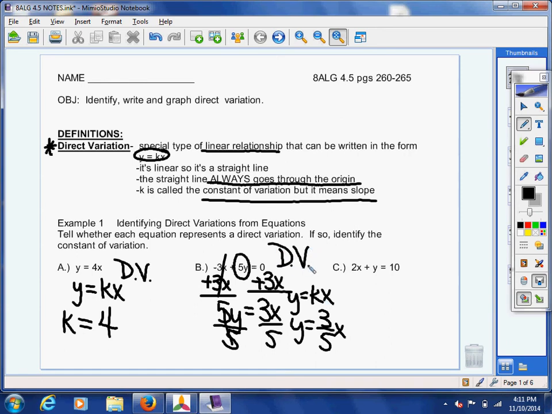You would be correct. It is a direct variation, even though it was originally in standard form. You could rearrange it so that you could see y equals kx very clearly. And in this example, what would be the constant of variation? If you said 3/5, you're correct.